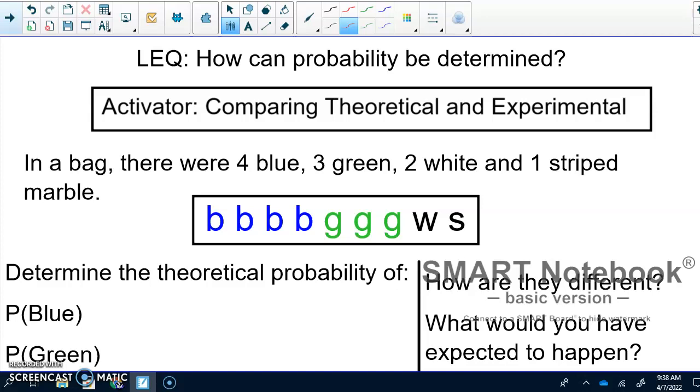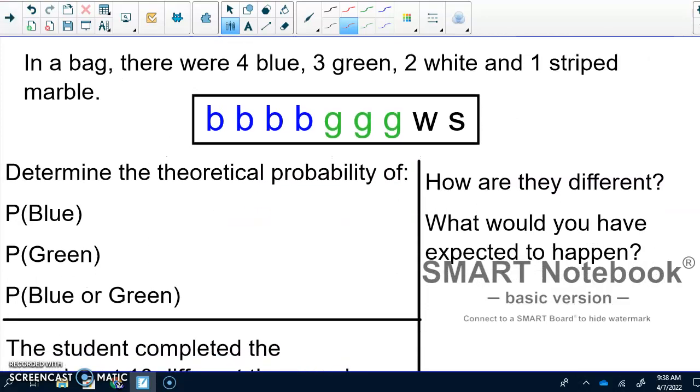Now we're going to be taking a look at how the probability of each item can be determined. So if there was a bag and we had 4 blue, 3 green, 2 white, and 1 striped marble, determine the theoretical probability. It looks like we have 9 items here. So the probability of a blue is going to be 4 out of 9.